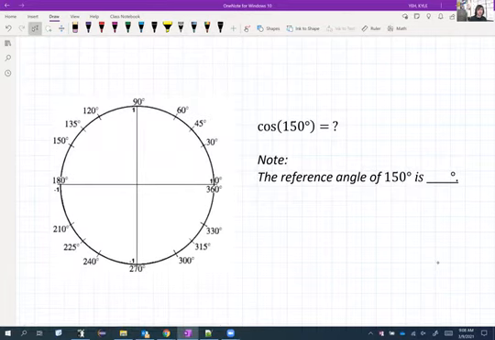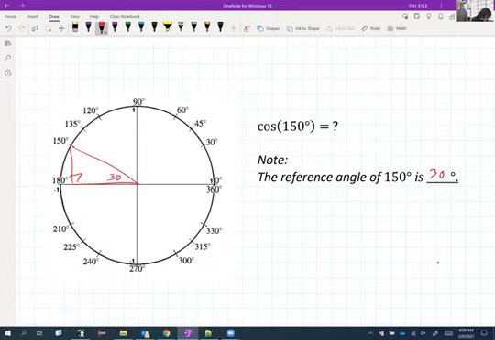Cosine of 150 degrees. So drawing out my terminal side, trying to draw it somewhat nicely, forming my triangle. And so what kind of special right triangle is this? I have a note there that the reference angle of 150 is 30, right, to get back to 180.